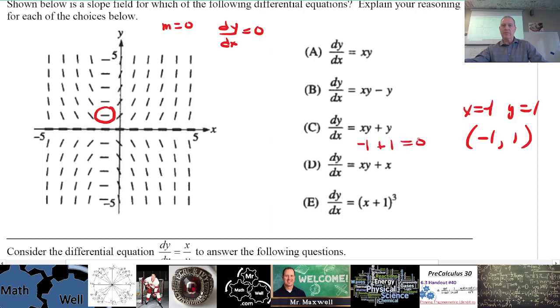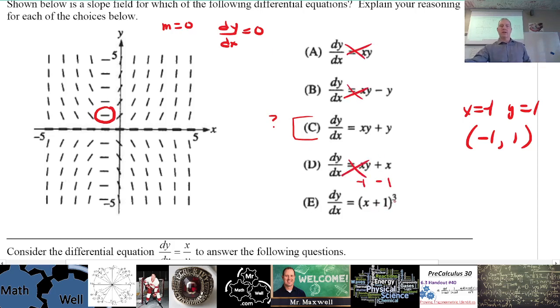So that does give me 0. So C could be an option because it seems to work for that point. I'll run through some other options and just see what else we can eliminate. xy plus x. So this is negative 1 plus a negative 1. Boy, that doesn't work either, does it? So it looks like we can eliminate this one, and this one.